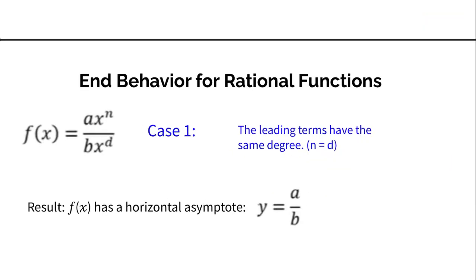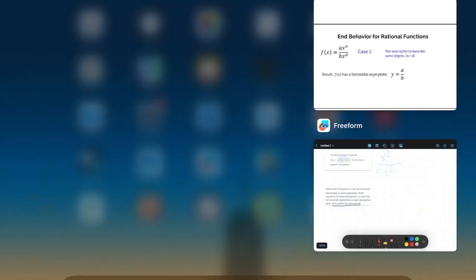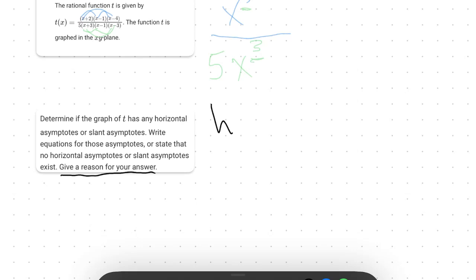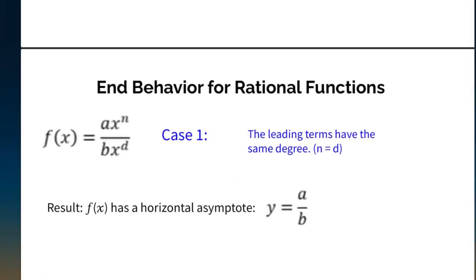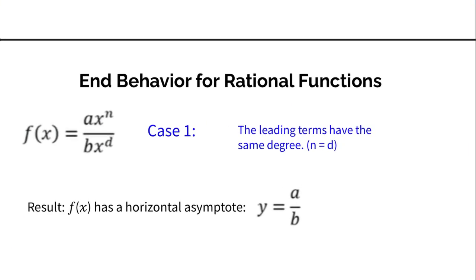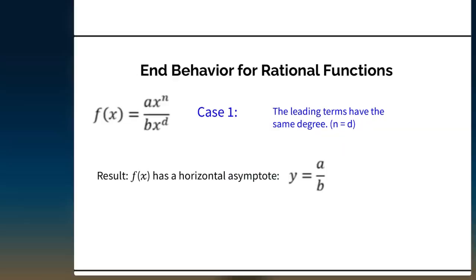If you want to be exact, like here, you can say we have f of x, which is equal to a over b. So again, f of x equals a times x to the power of n over b times x to the power of d.